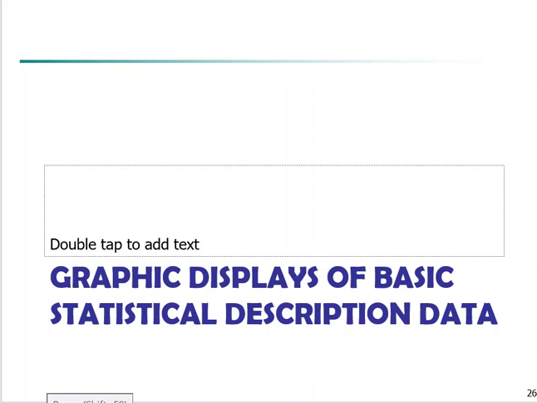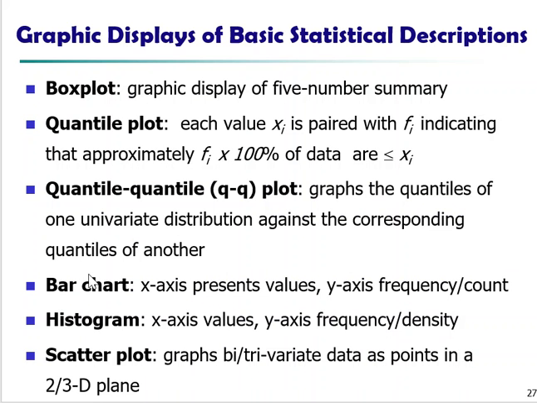Next, we're going to introduce a set of graphic displays of basic statistical description data. Earlier, we have looked at a box plot. It is a graphic display of the 5-number summary of a univariate variable, which is very useful.